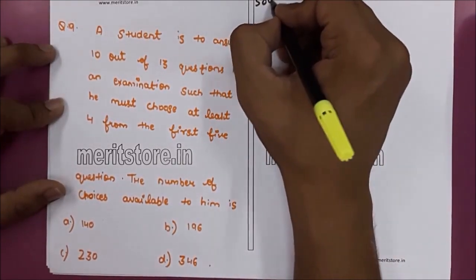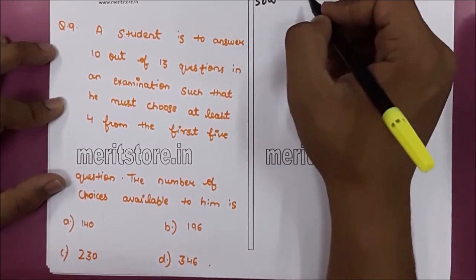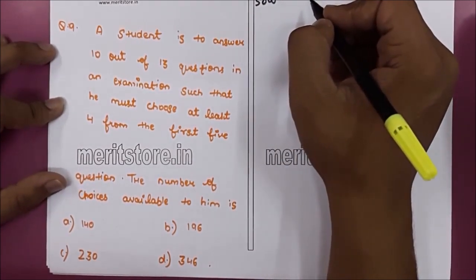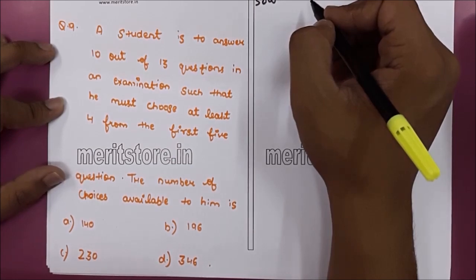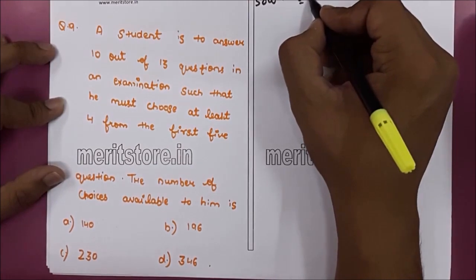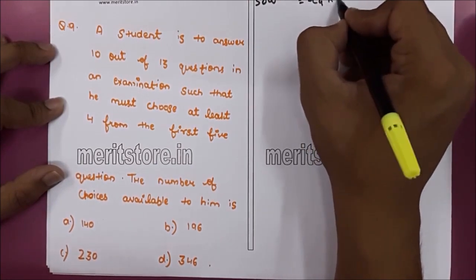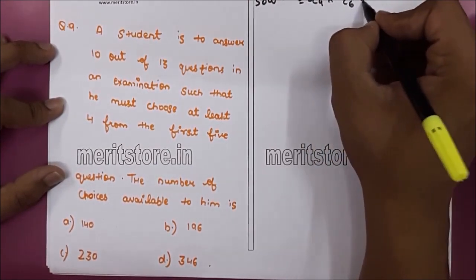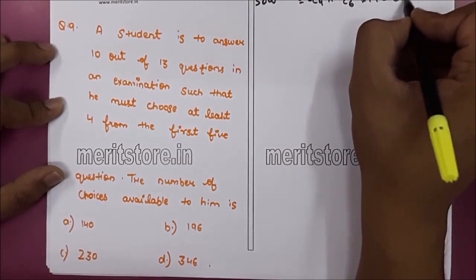Therefore the solution is, as for the given question, two cases are possible. Case 1: selecting 4 out of the first 5 questions and 6 out of the remaining 8 questions, that is equal to 5C4 into 8C6 is equal to 140 choices.